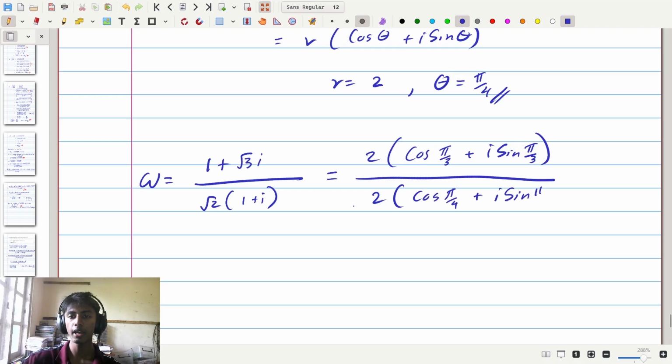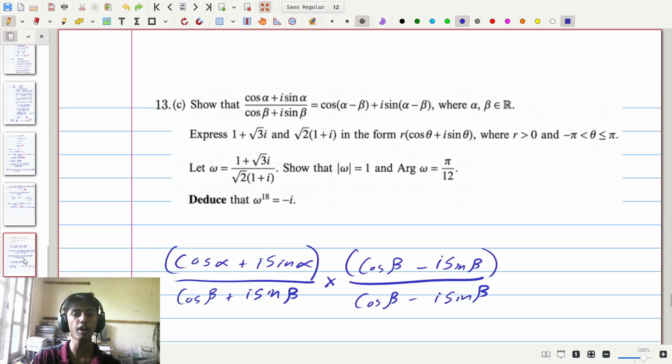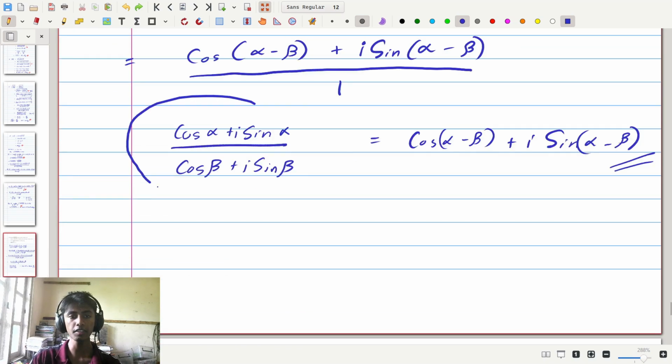root 2 times 1 plus i, which is equal to 2 times cosine of pi by 4 plus i sine pi by 4. And we can see here the 2's cancel, leaving us with cosine of an angle plus i sine of that angle divided by cosine of another angle plus i sine of that angle. And from what we know from the first part of the question, this can be written as cosine of first angle minus second angle plus i sine of first angle minus second angle.